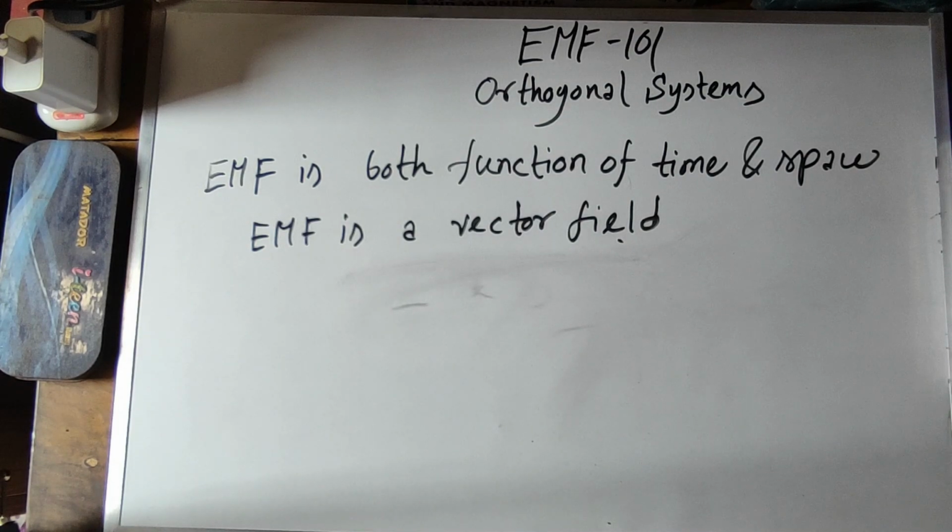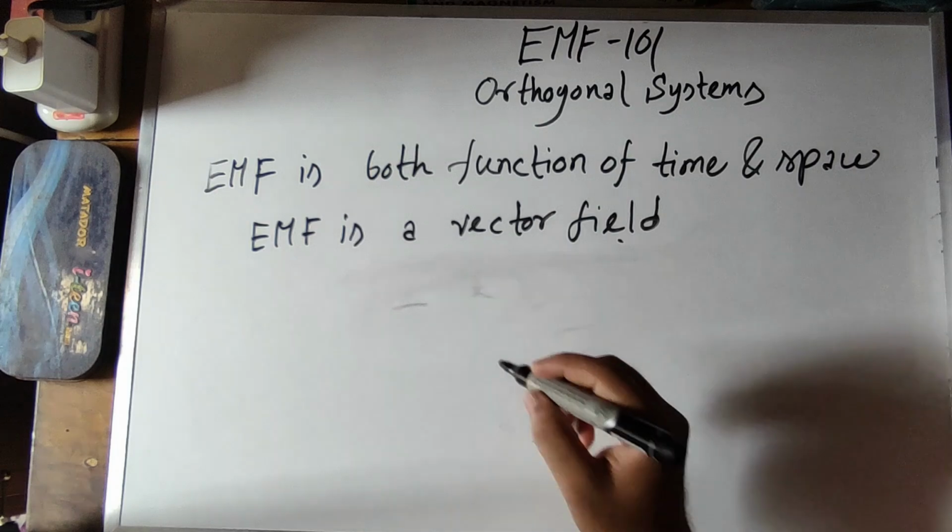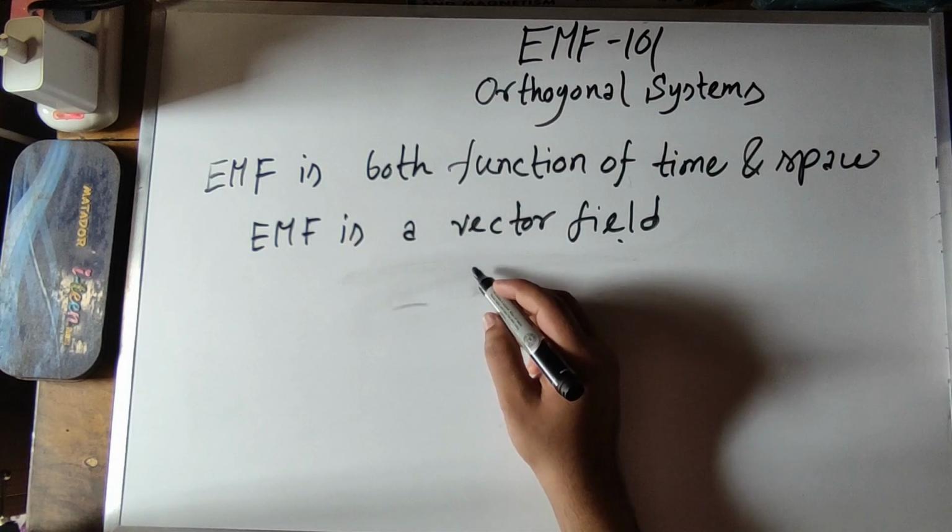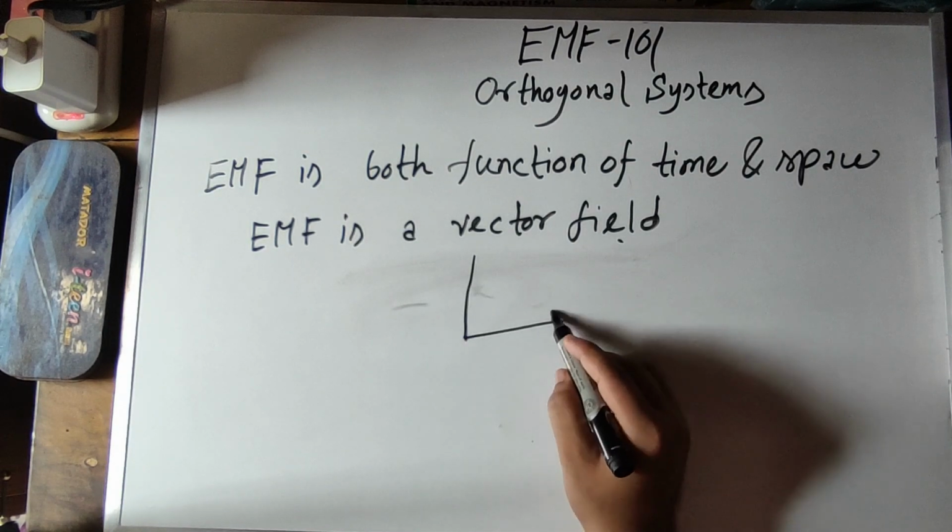As EMFs are vector fields, to describe a vector accurately and express it in terms of its components, a vector has three perpendicular components in three dimensions. We need to refer these components to certain directions, which we call reference directions. Almost all of us know about the Cartesian coordinate system.